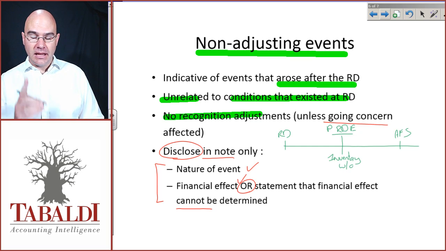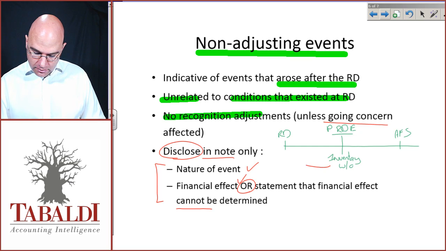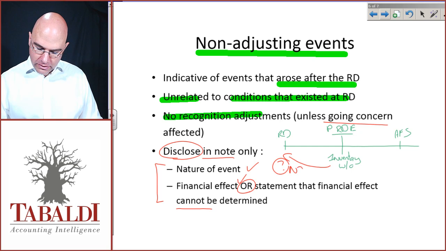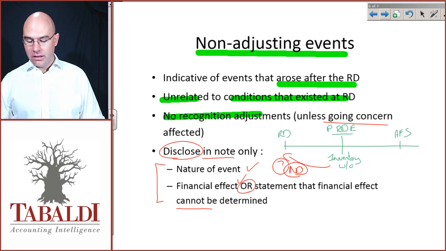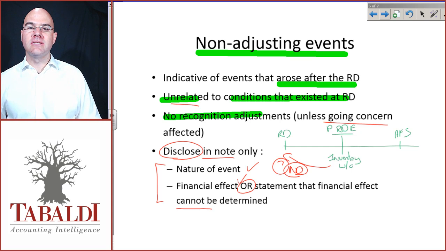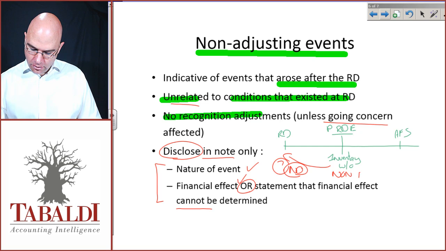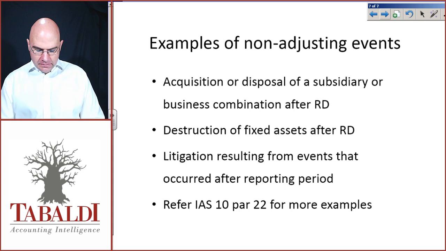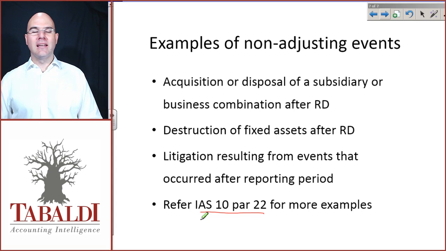But let's consider, did that arise from or affect conditions or circumstances that were in effect at reporting date? Well, that's definitely a no. It arose after year end and it was unrelated to conditions that existed at reporting date. So therefore it is non-adjusting.